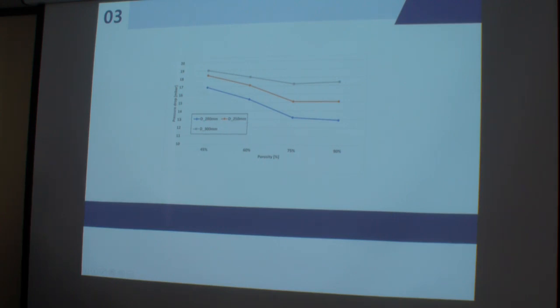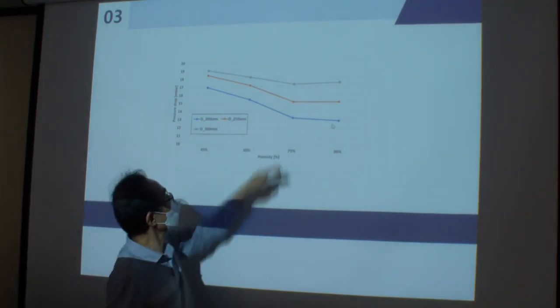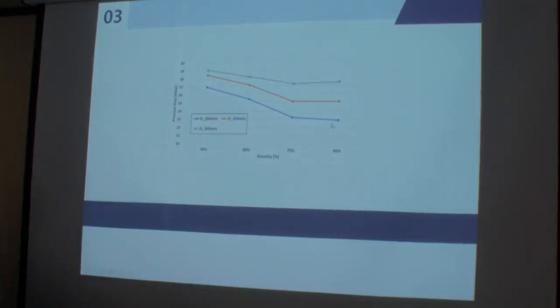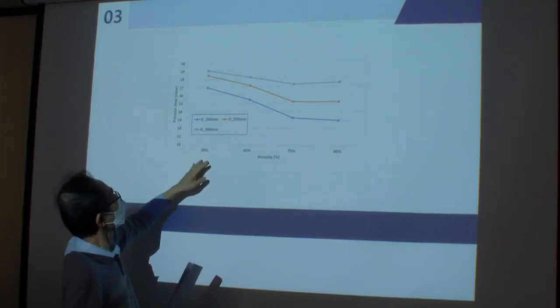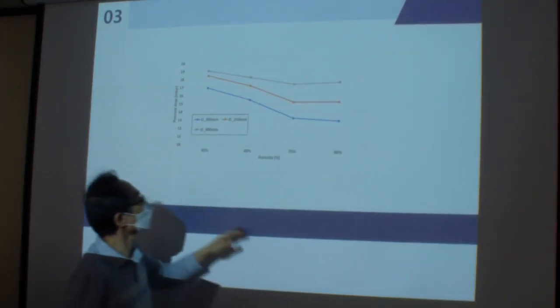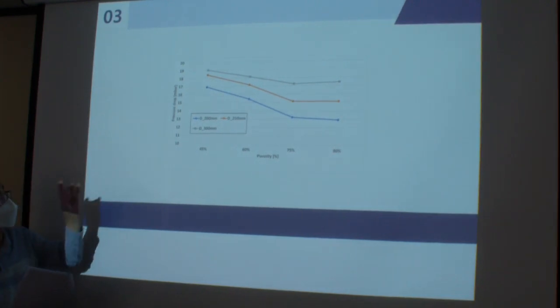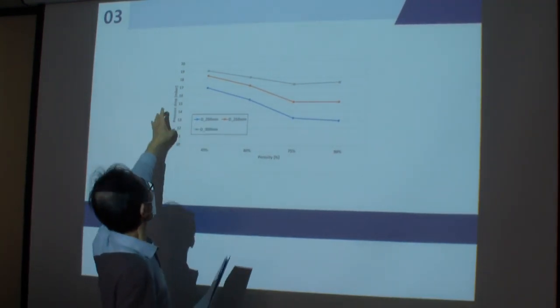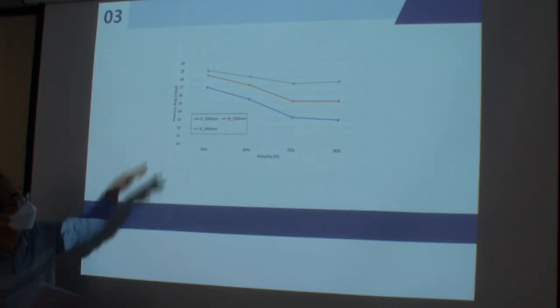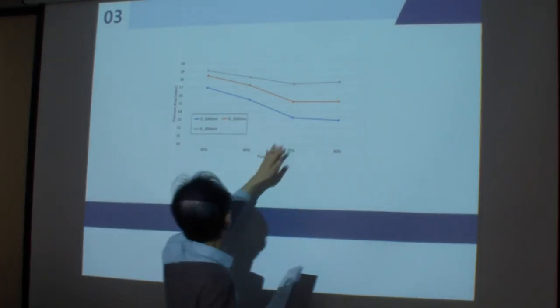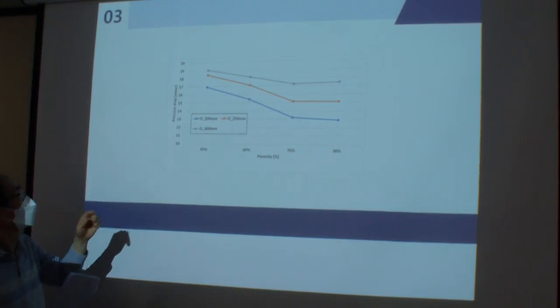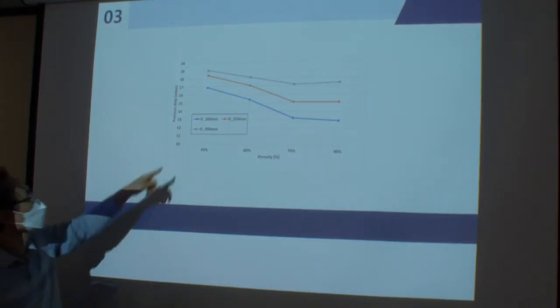Okay, so obviously when the porosity is bigger, the pressure is going to decrease. This is very clear evidence we can understand. The porosity is bigger, the size of the shell is bigger, and then the pressure drop is low. Also we have to understand the diameter like this.